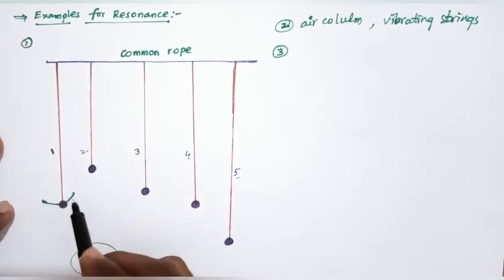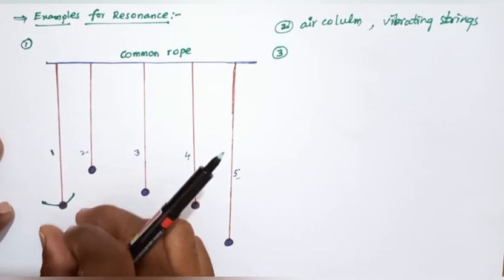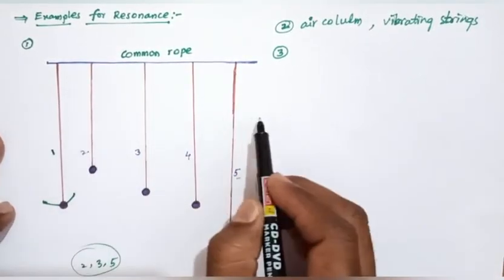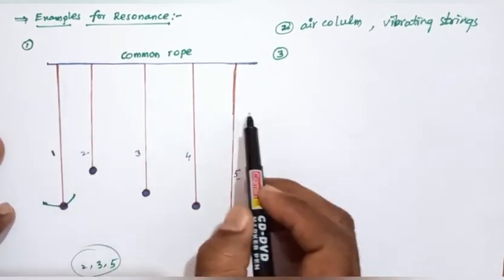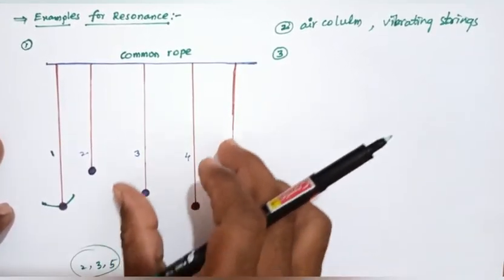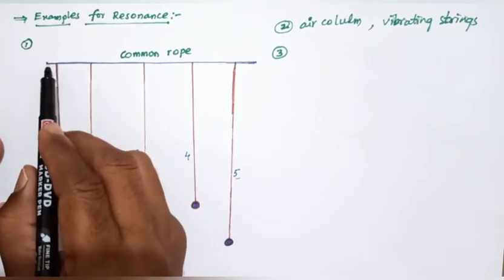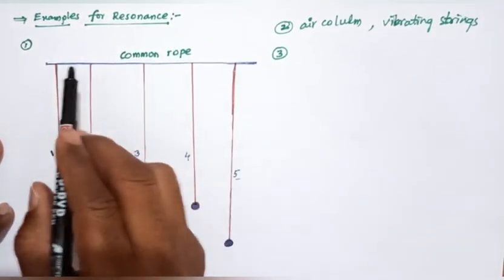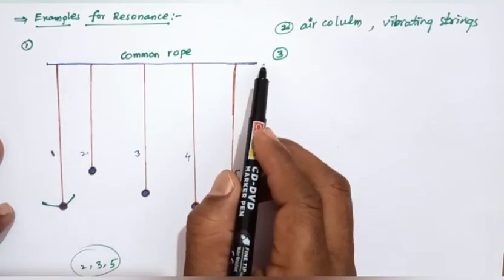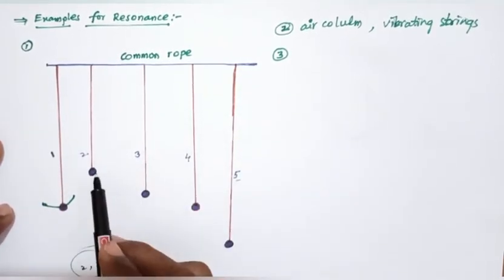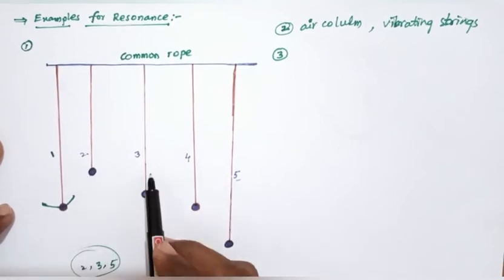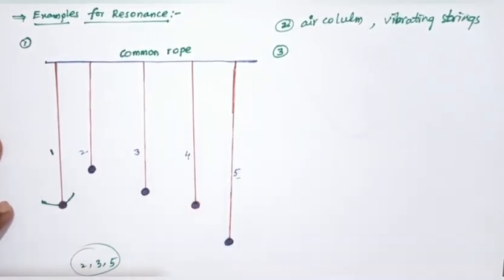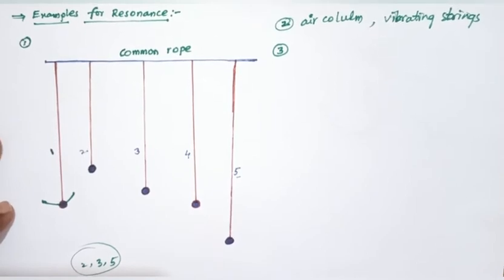When it oscillates, the mechanical energy is transferred through the common rope to the other pendulums, and the other pendulums oscillate with their natural frequencies.